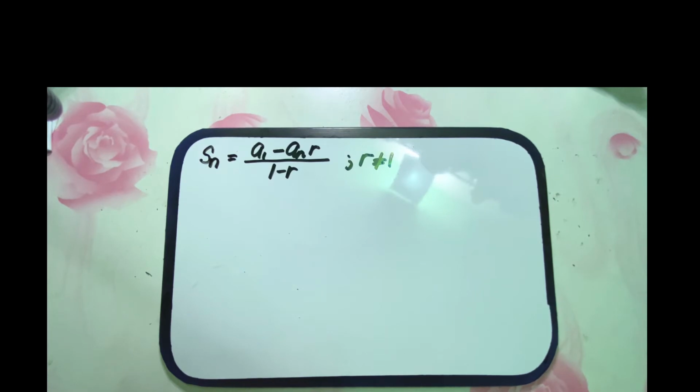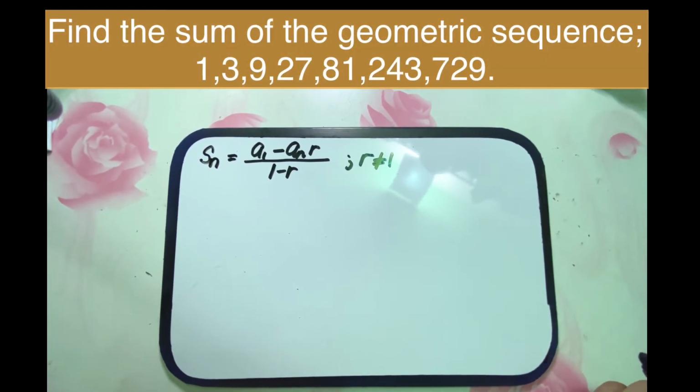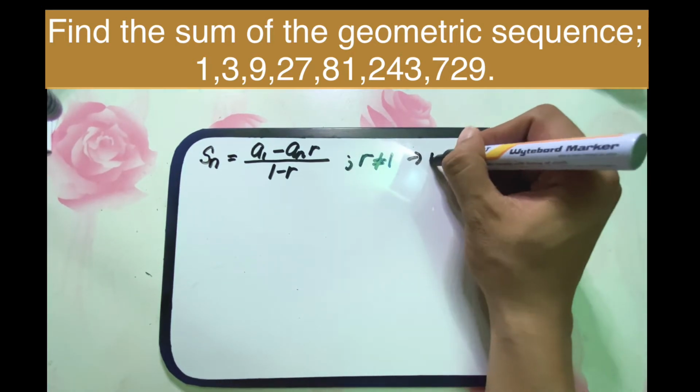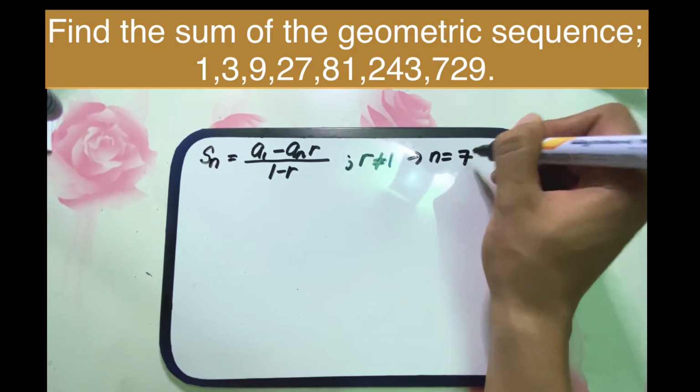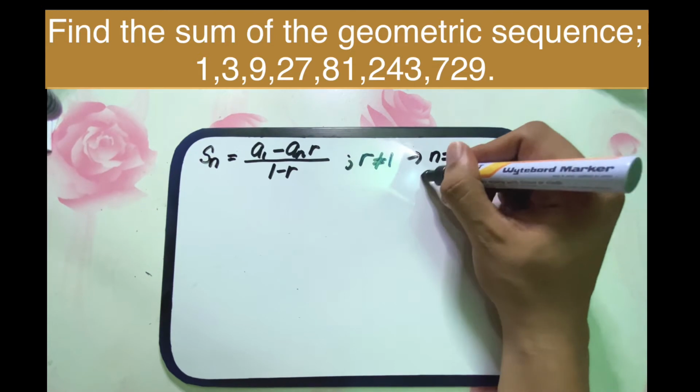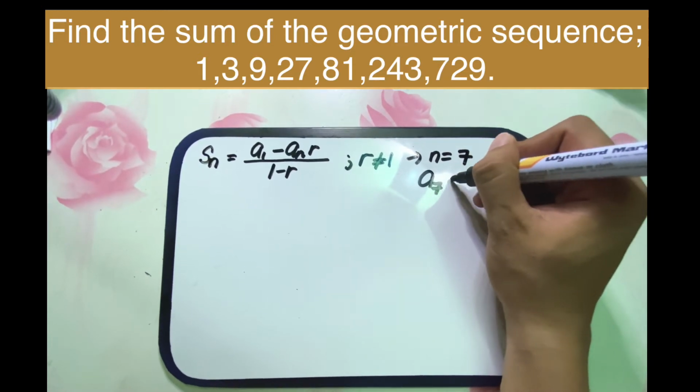For example, find the sum of the geometric sequence 1, 3, 9, 27, 81, 243, and 729. If we count the number of terms, we have 7 terms only. Therefore, n is equal to 7.